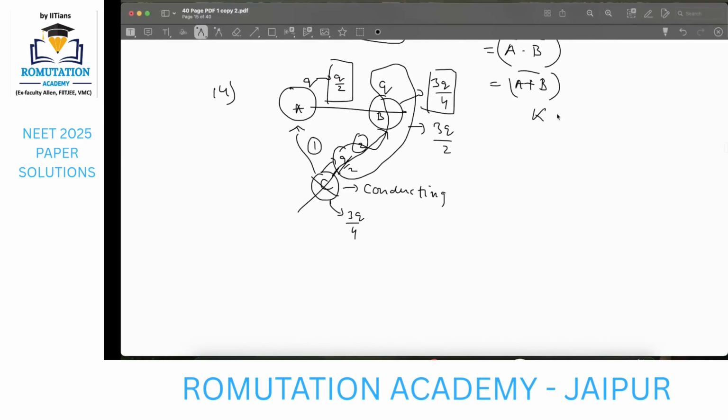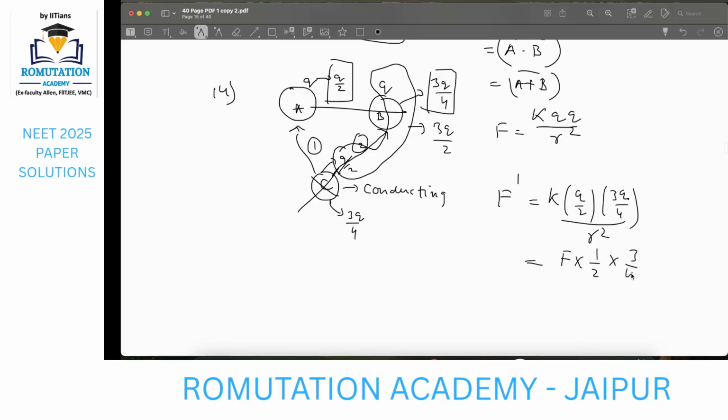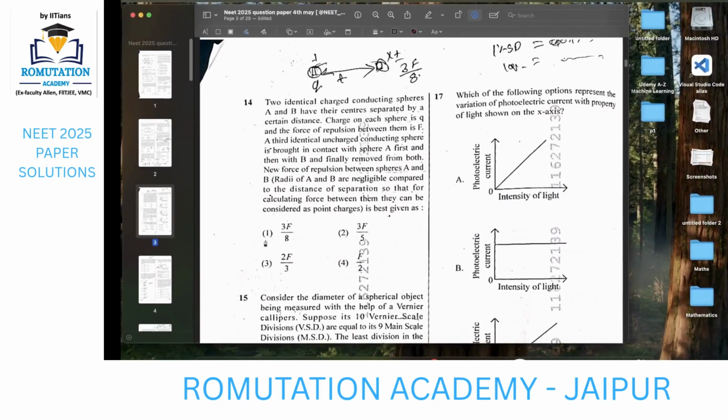So the old force was kq squared by r square, called F, but the new force is k into q by 2 into 3q by 4 by r square, which is nothing but F into half into 3 by 4, which will be 3F by 8, right? So I think the answer is going to be this one, right?